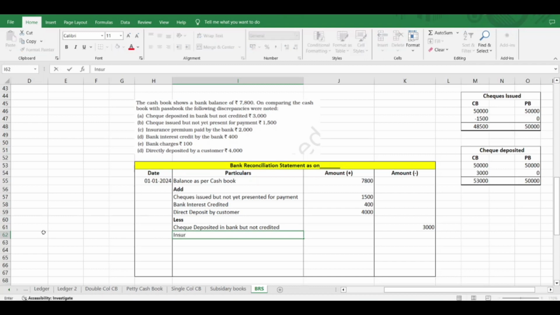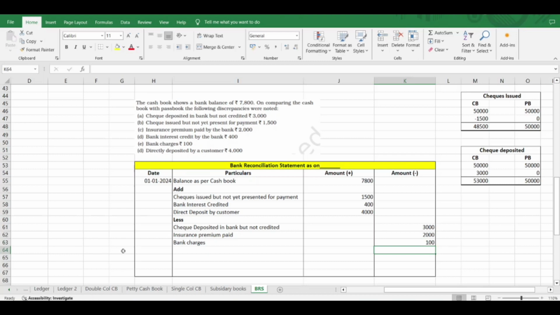Next, insurance premium paid, rupees 2,000. Bank charges, 100. No more transactions. We will total both the columns and balance our bank reconciliation statement.